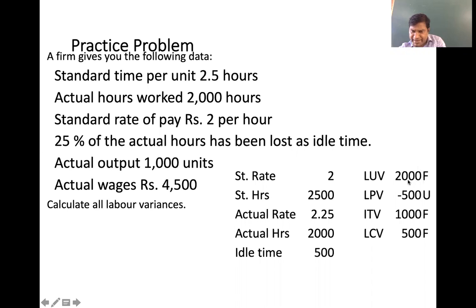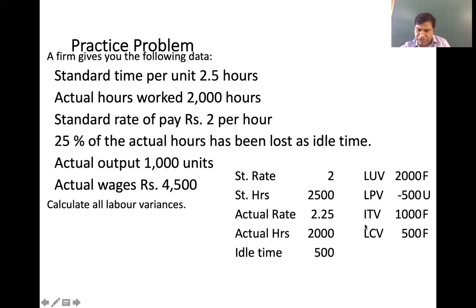When we calculated, this value is 1,000, but by mistake it is typed here as 2,000. Don't get confused. In place of 2,000, please take it as 1,000, because the calculation we got is 1,000. So 1,000 positive figure minus 500 negative figure gives you 500 positive figure, which is labor cost variance.